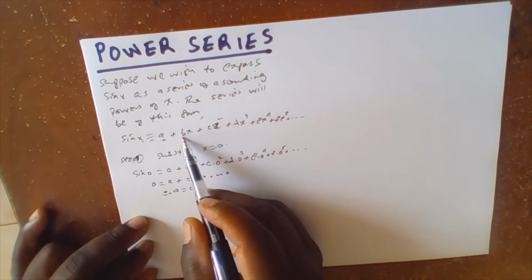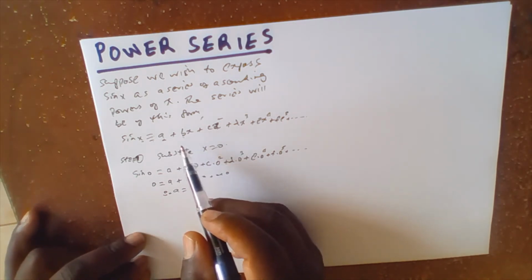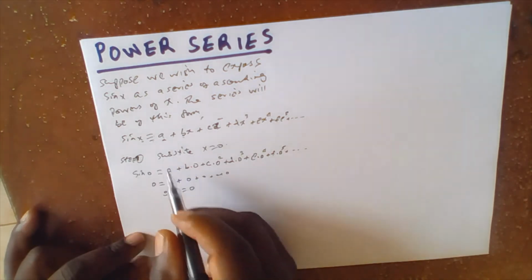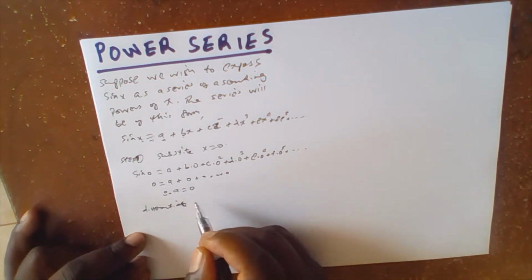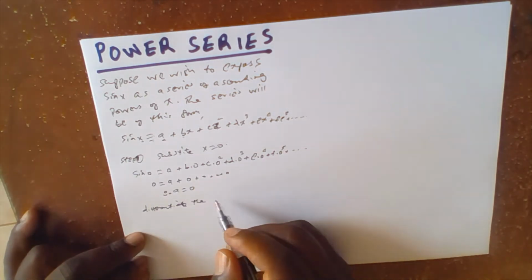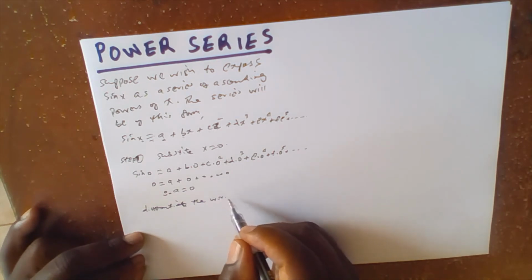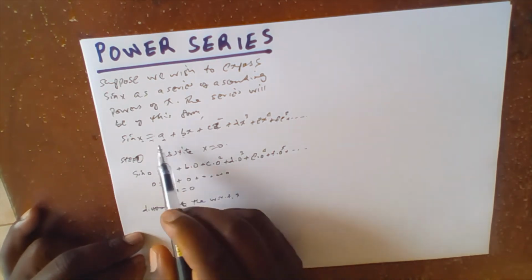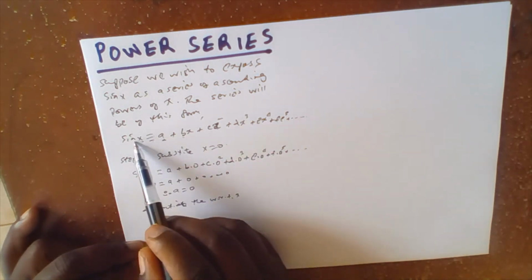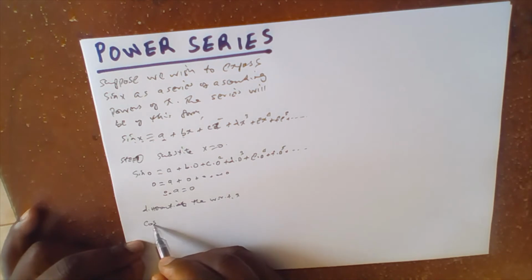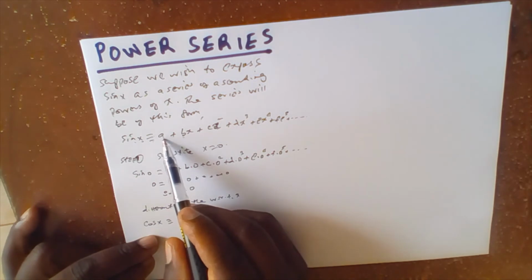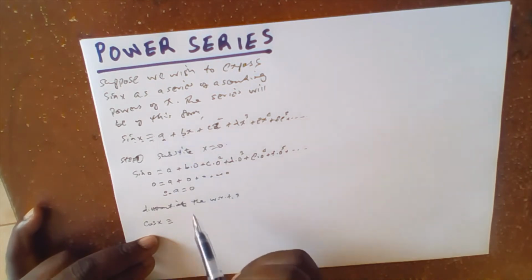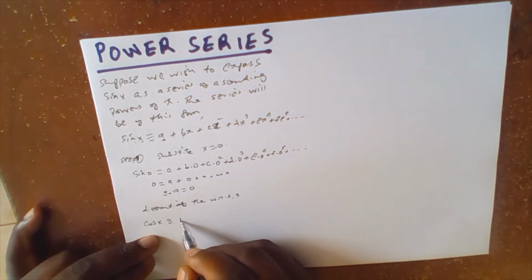Now, how do we get the value of b? We shall differentiate this equation with respect to x. When you differentiate sin x, you get cos x. When you differentiate a with respect to x, it will be 0, because when you differentiate a constant, you get 0. So here we remain with b.